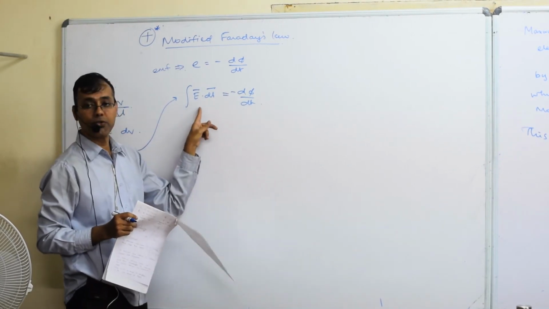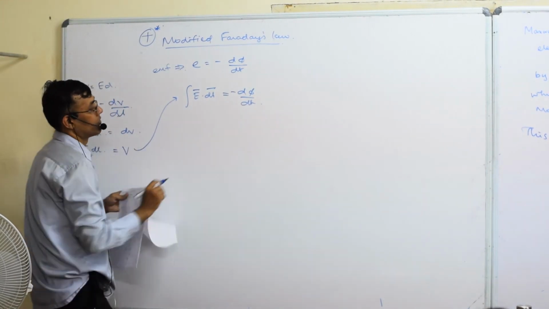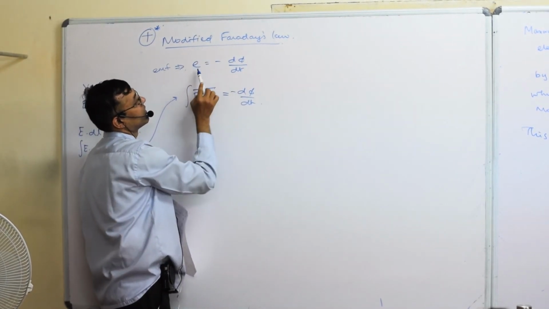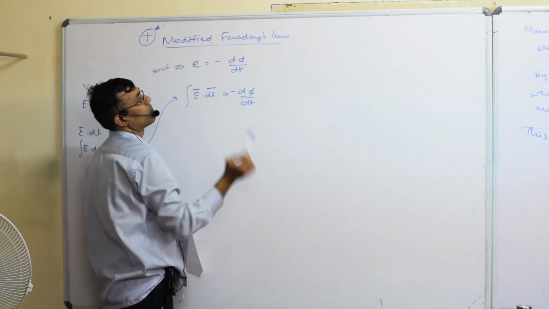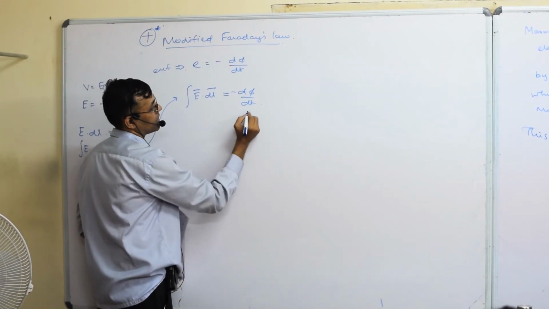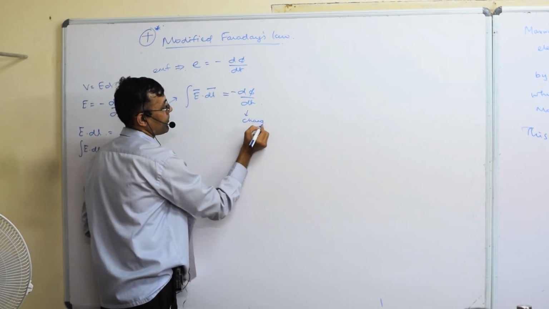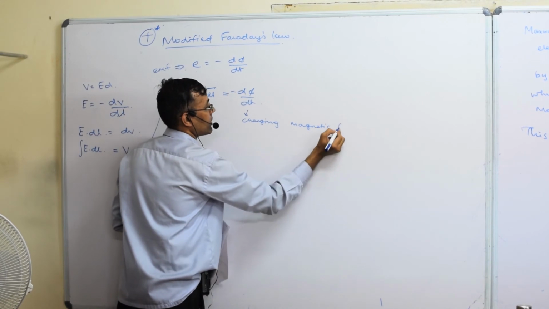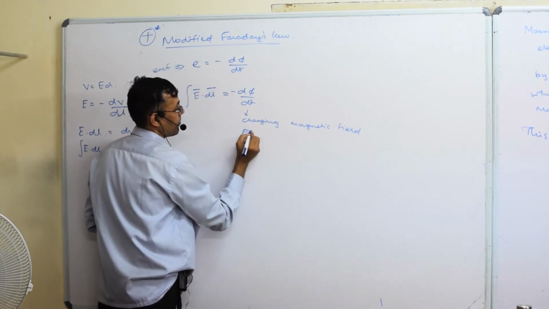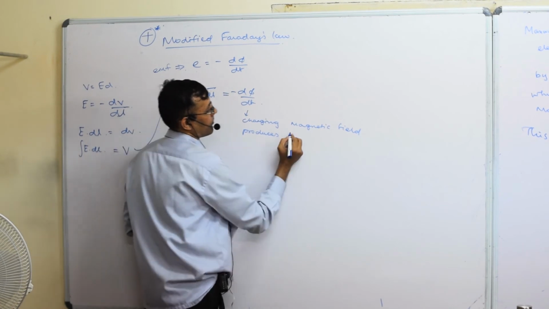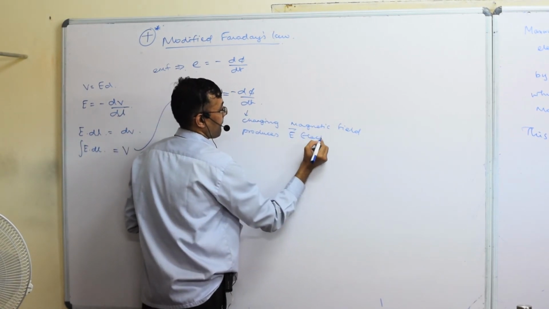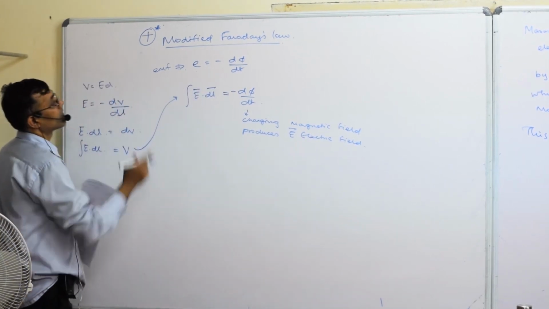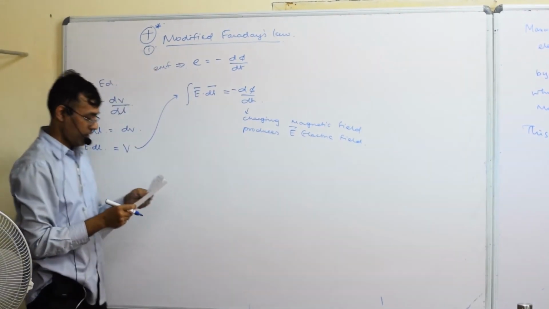So a changing magnetic field produces an electric field, right? That's what we are trying to show here. This is what you have studied as Faraday's law, and Maxwell did a little bit of modification to that. That's what is called modified Faraday's law. So changing magnetic field produces electric field. And that's the first part, modified Faraday's law.